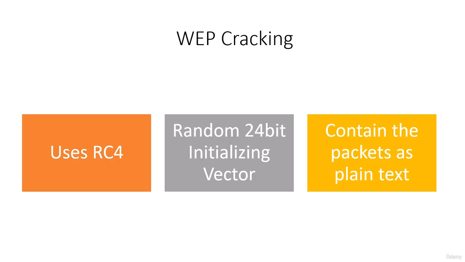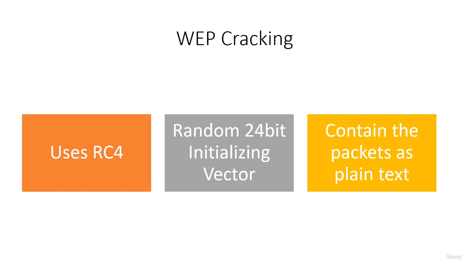Once we have packets with the same initialization vector, we can use a statistical attack to determine the key stream, and after that determine the WEP key. So from the above we know that the more IVs we collect, the more likely we are to crack the WEP key successfully.